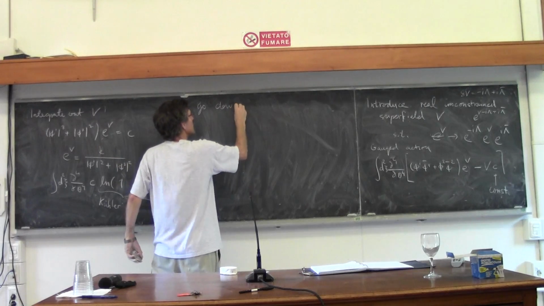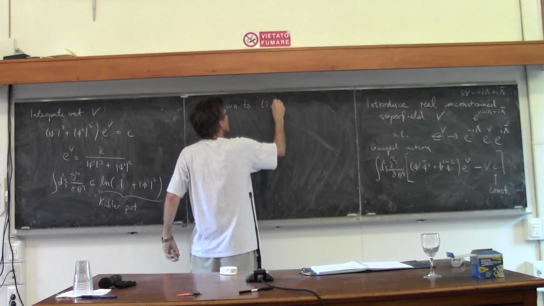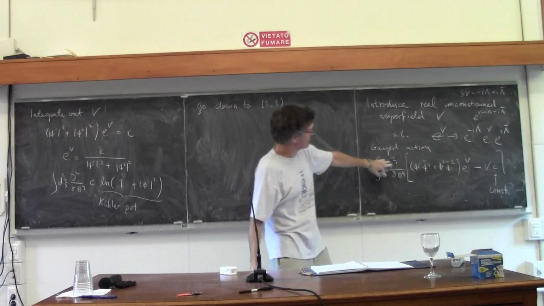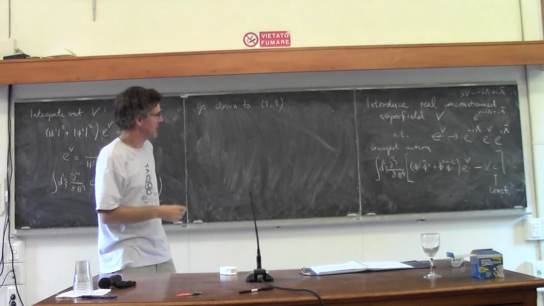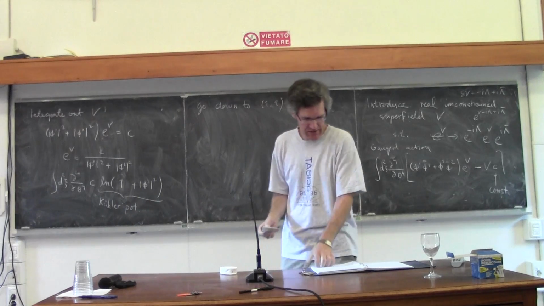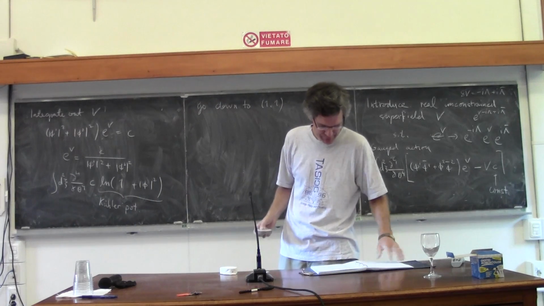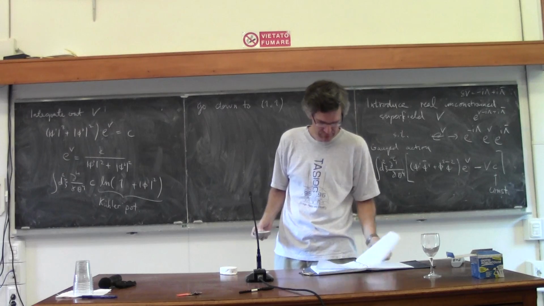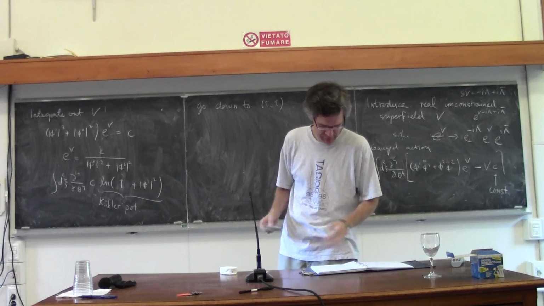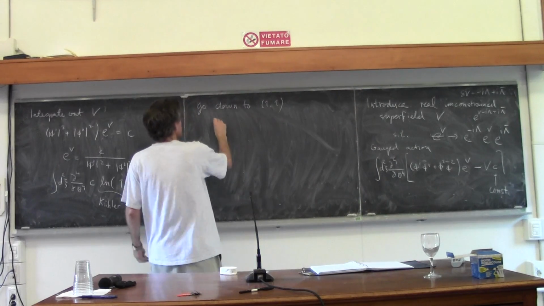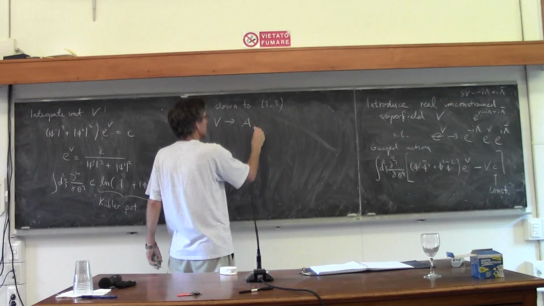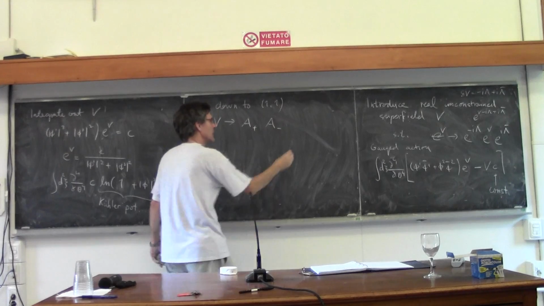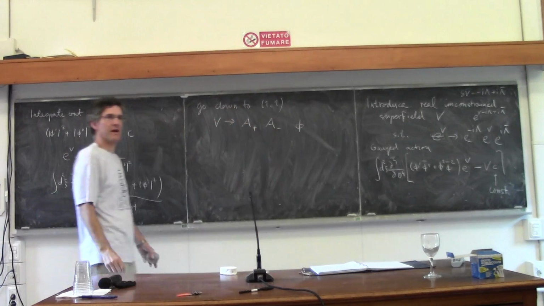So to go down to (1,1), I have to keep two of the derivatives and do two of the derivatives. If I do that, V contains gauge fields and a real scalar field.